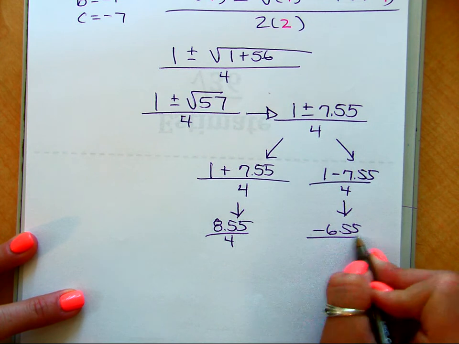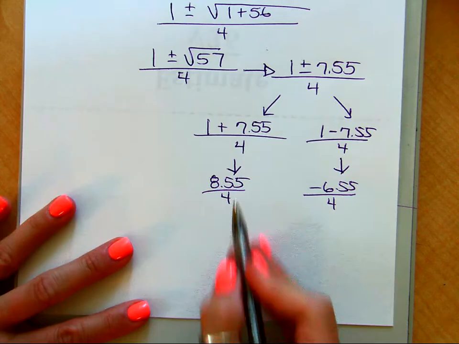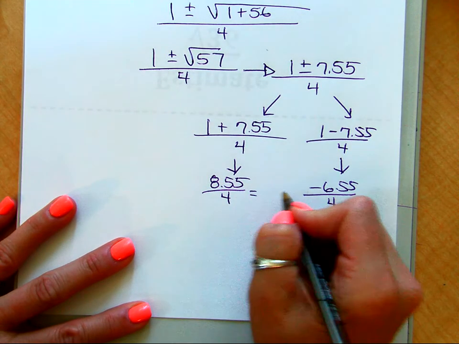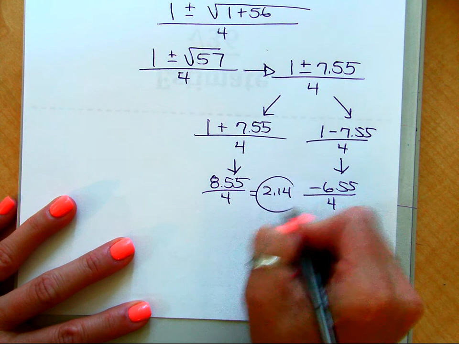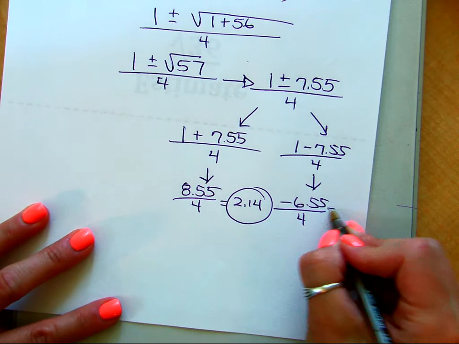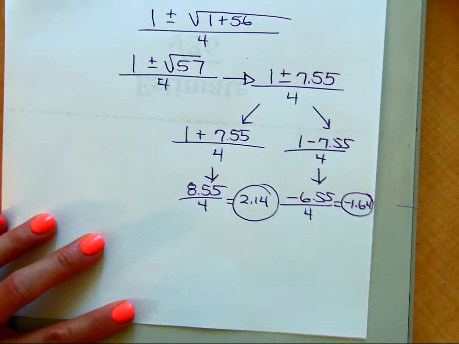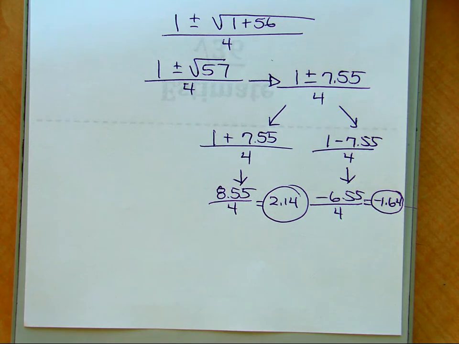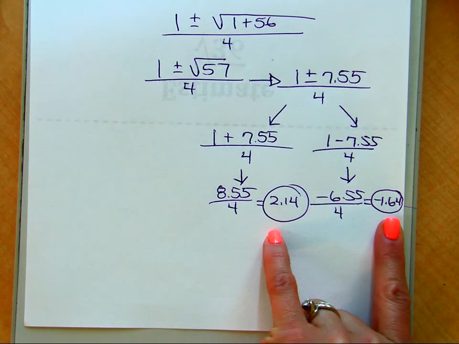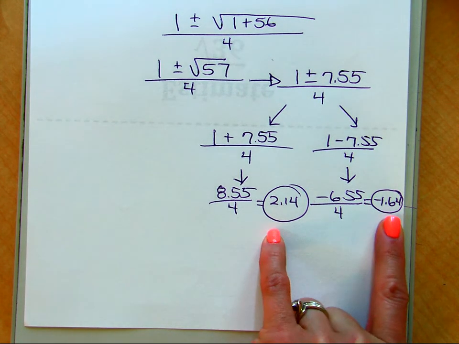Then you just use a calculator, and you divide that, and you get 2.14. And then use a calculator, and you divide this, and you get 1.64. Quadratic equations, not so bad, is it? It looks really intimidating, but it's just plugging a bunch of things in correctly, solving to find the zeros, understanding what the zeros are. Got it? Okay, that's all there is to it.